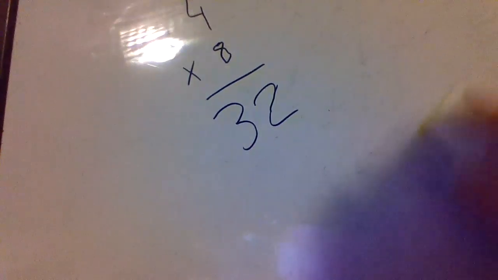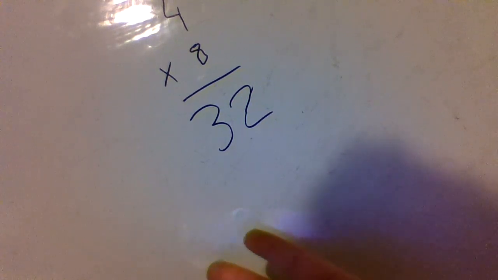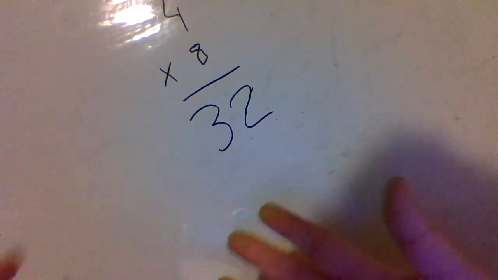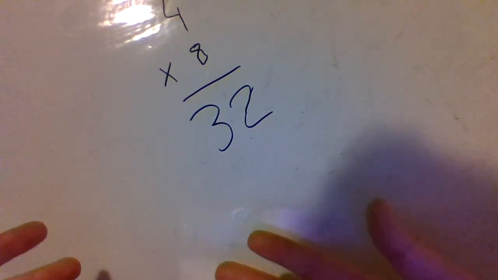There's also a way that we didn't really take a lot of time on, but there's skip counting. 4, 8, 12, 16, 20, 24, 28, 32.